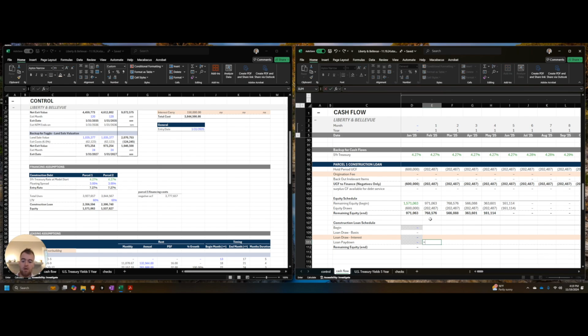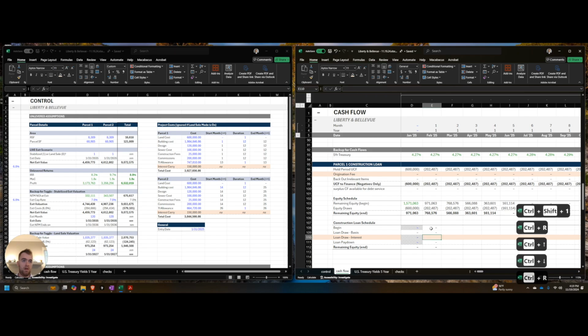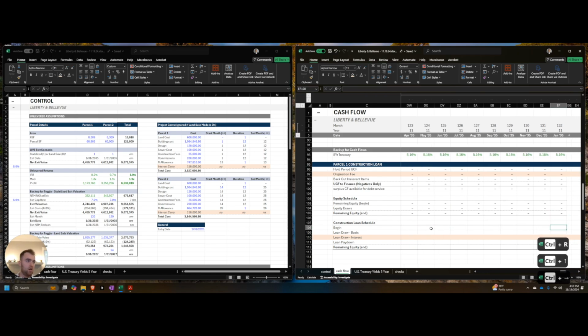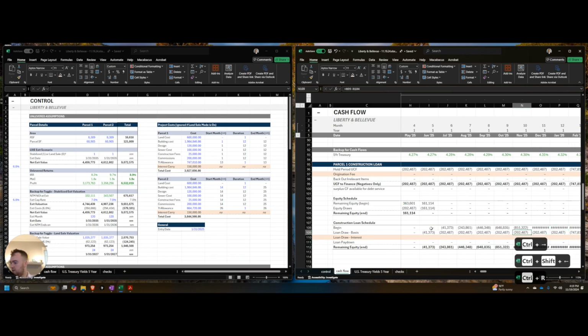But if that equals parcel 1 exit date live, then give me the sum of whatever this balance is times -1. Otherwise, give me 0. This is going to be the same thing. This is going to be the same thing. That'll get carried forward. I will update the interest in a second, but just so you can see it, loan draw basis.